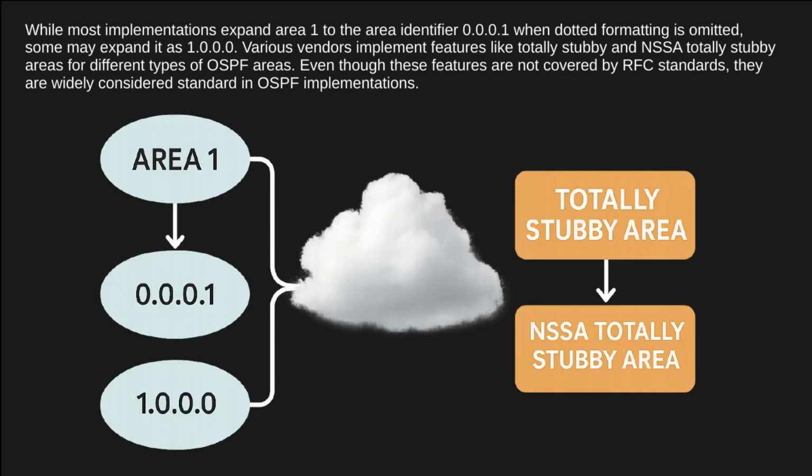While most implementations expand Area 1 to the area identifier 0.0.0.1 when dotted formatting is omitted, some may expand it as 1.0.0.0. Various vendors implement features like Totally Stubby and NSSA Totally Stubby areas for different types of OSPF areas. Even though these features are not covered by RFC standards, they are widely considered standard in OSPF implementations.